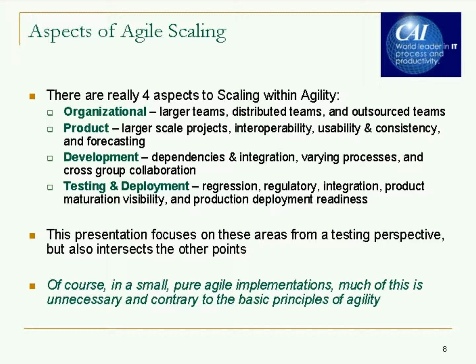So there really are four aspects to scaling within agility. It's organizational, it's product, it's the development team, and then there's testing and deployment. I'm not saying there's only four, but when I think about some of the challenges around scaling agility, these are four that clearly come to mind. The presentation in general is going to focus across these areas because I think there's an intersection from a testing perspective.